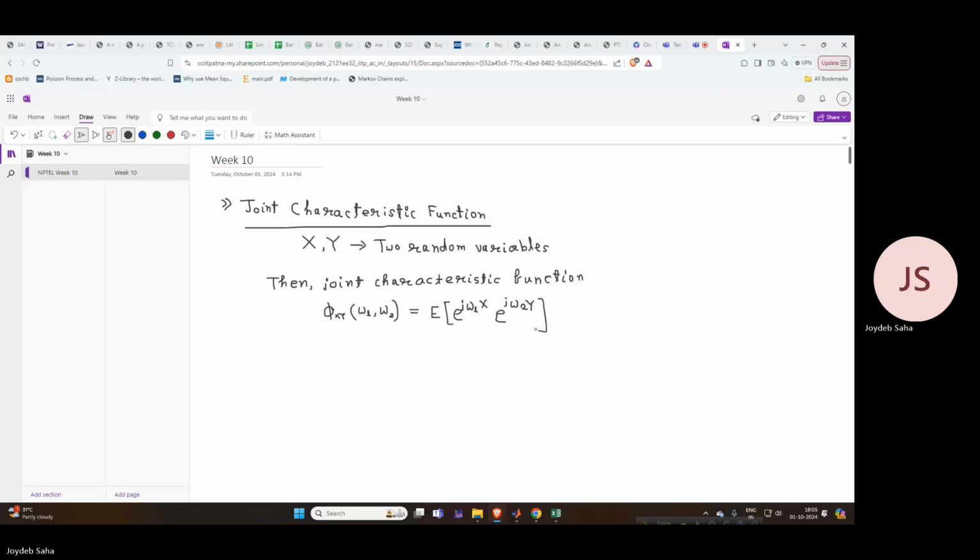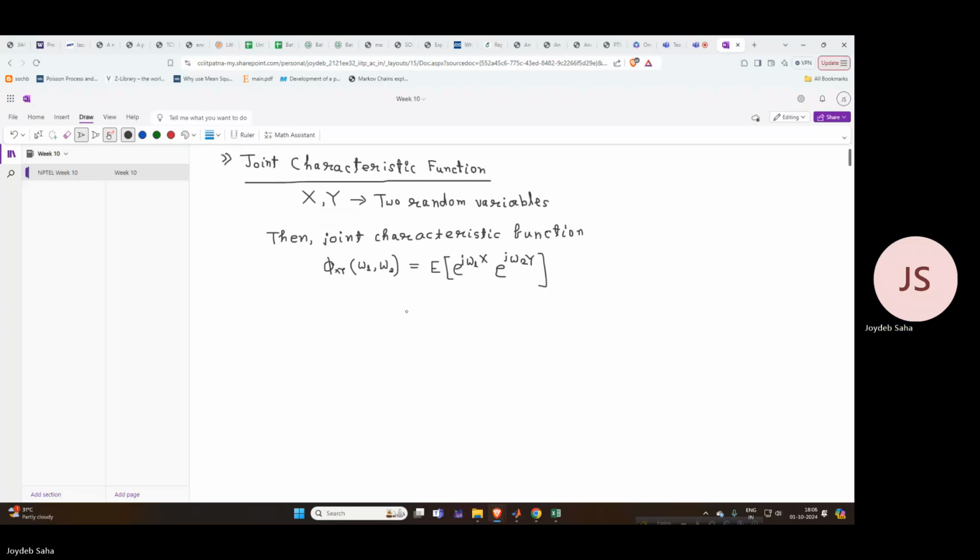So we can write it as expectation of e to the power j omega 1 x plus j omega 2 y.